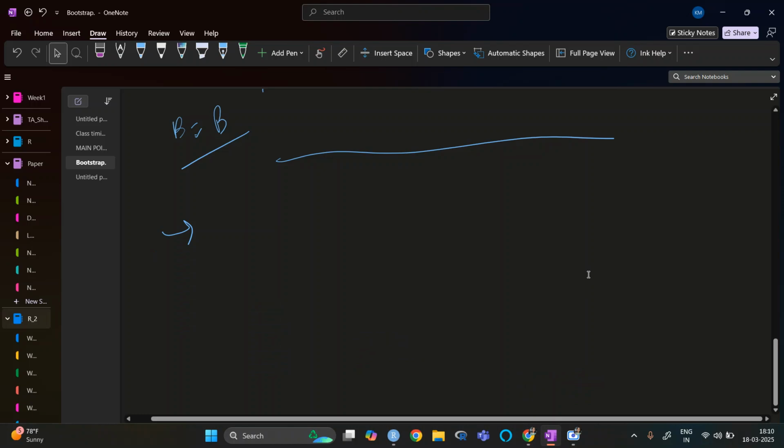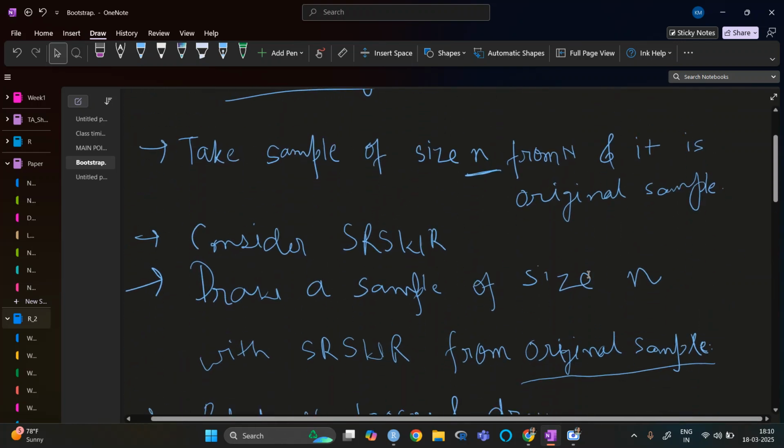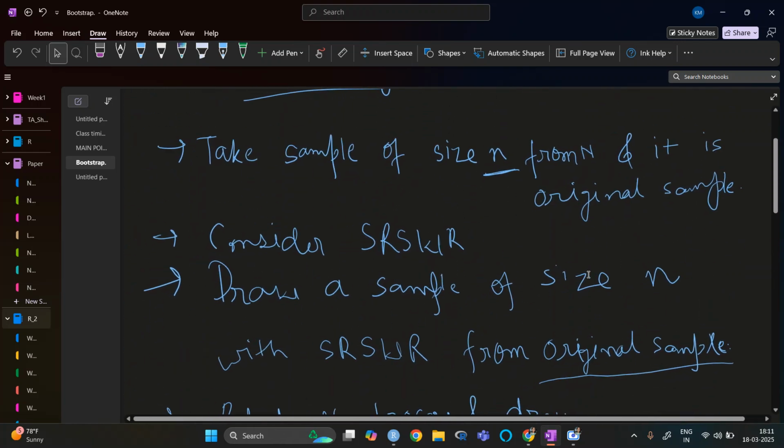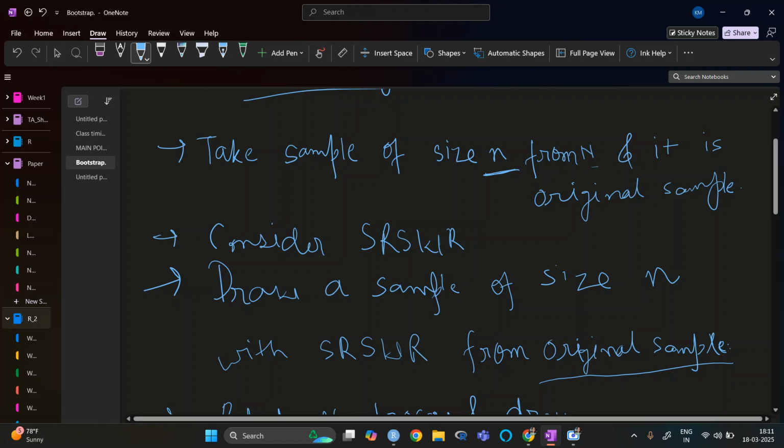I was talking about the bootstrap methodology, and there is one point I have missed. I have not explained it well, so I'm saying it again. What we are doing here is taking a sample of size n from the whole population of size capital N, and we are saying it is the original sample.